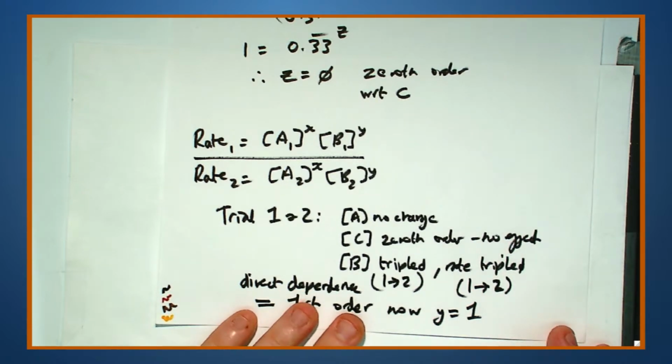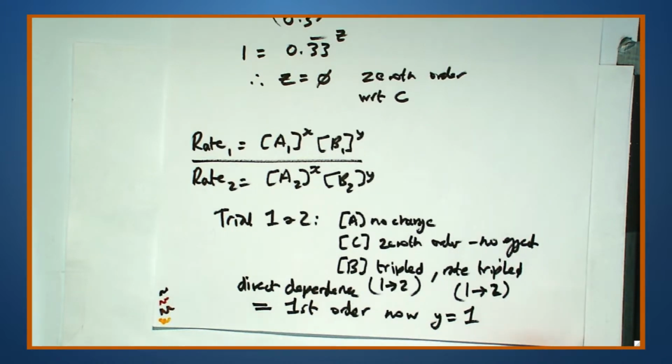At this point, you've got all kinds of options as to how you find X. Let's just pick out a couple of examples of what you could do. You could pick any trial you like now, because you've got all the data except one thing. So you can just pick any two and put the data in.